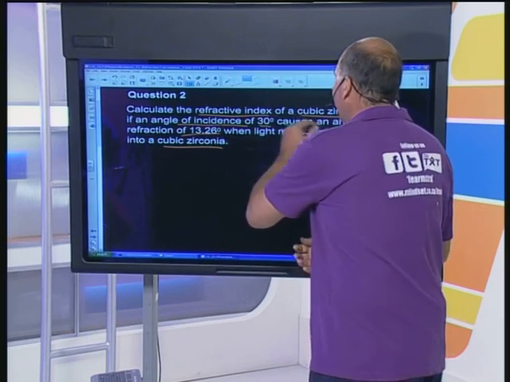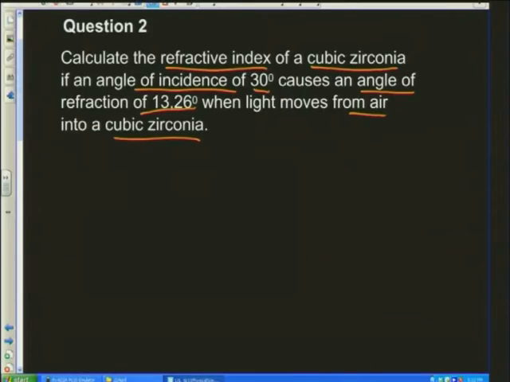Okay. So here we go. Let's draw a picture. We've got air over here, and we've got our cubic zirconia over there. I want to have a normal. So there's my normal.